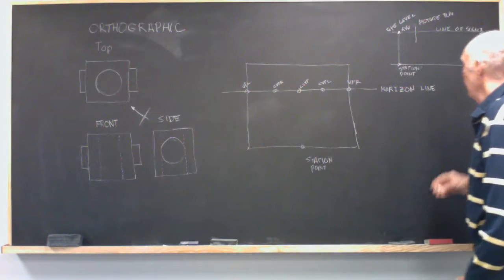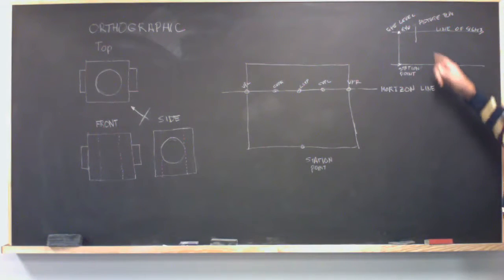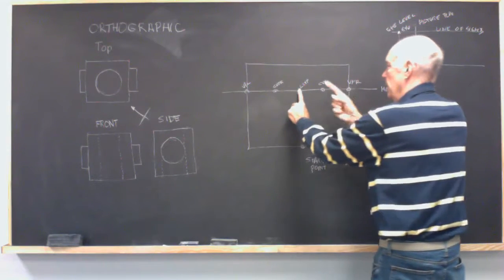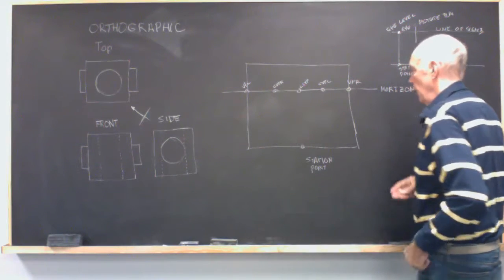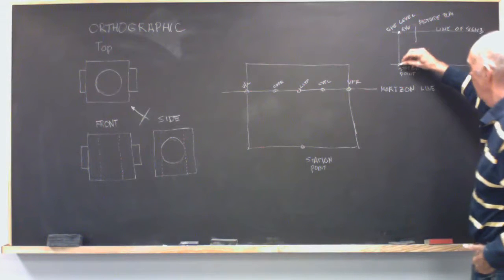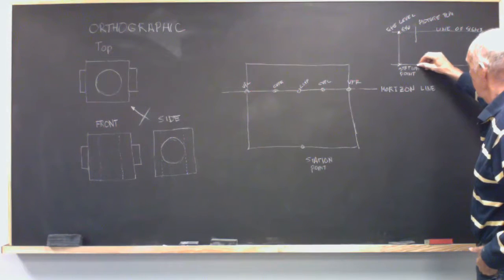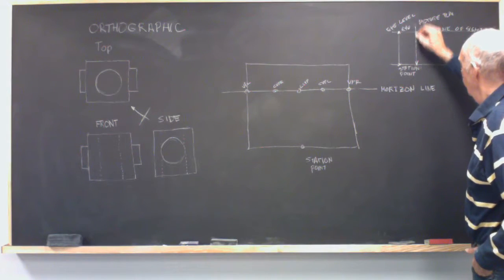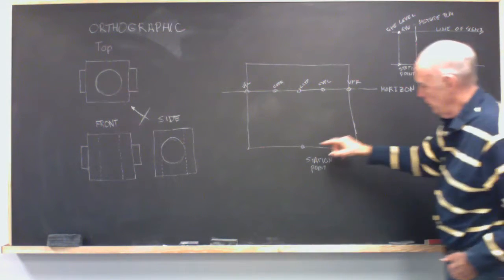Now remember, normally the station point is located the width of this picture plane out here. But what we did was to move the station point from here to here. In other words, the station point is directly under the picture plane. So this is the station point right here.